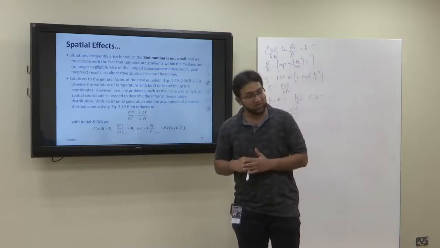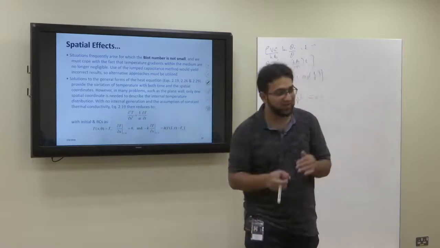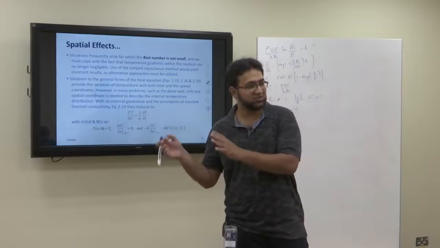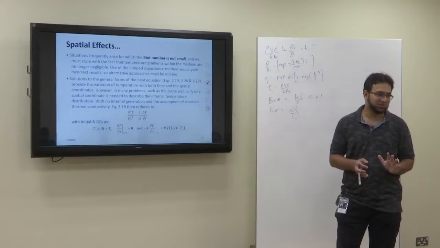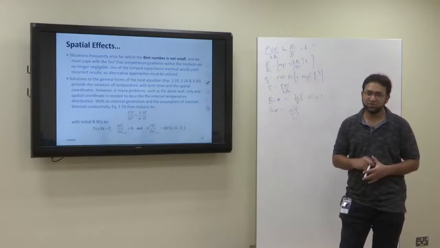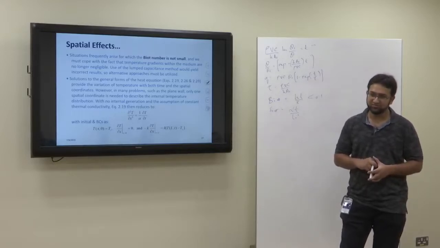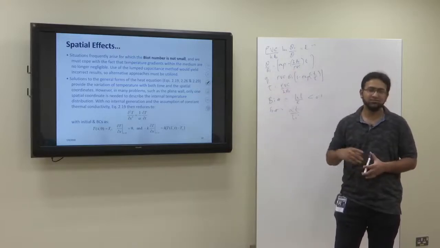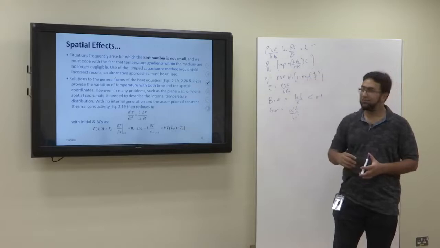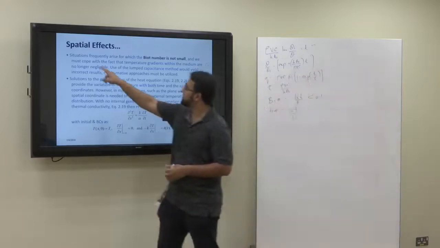So that means our life becomes more complicated. Temperature is a function of time and a function of space, x, y, z, t. A very difficult differential equation results, and solving it becomes more difficult. So now the spatial effects are there. Last time we ignored the spatial effects. Now they are there.